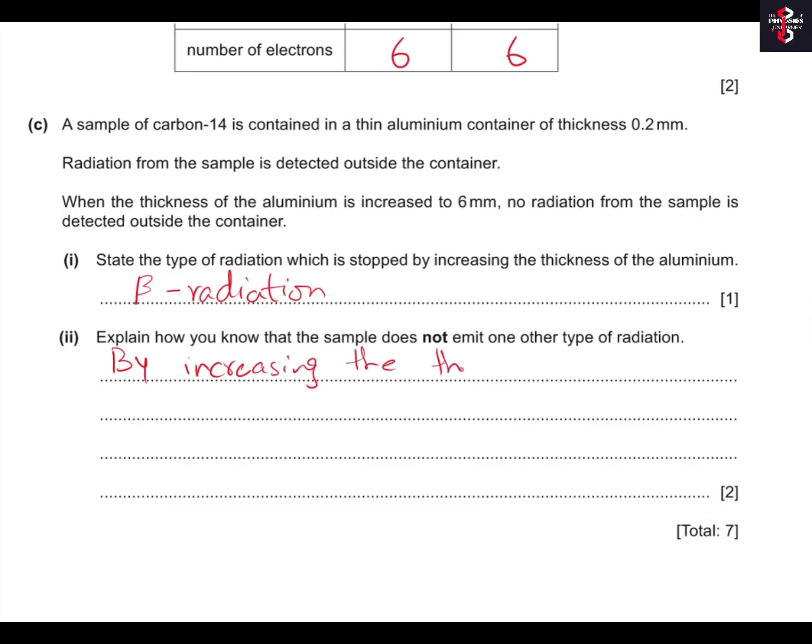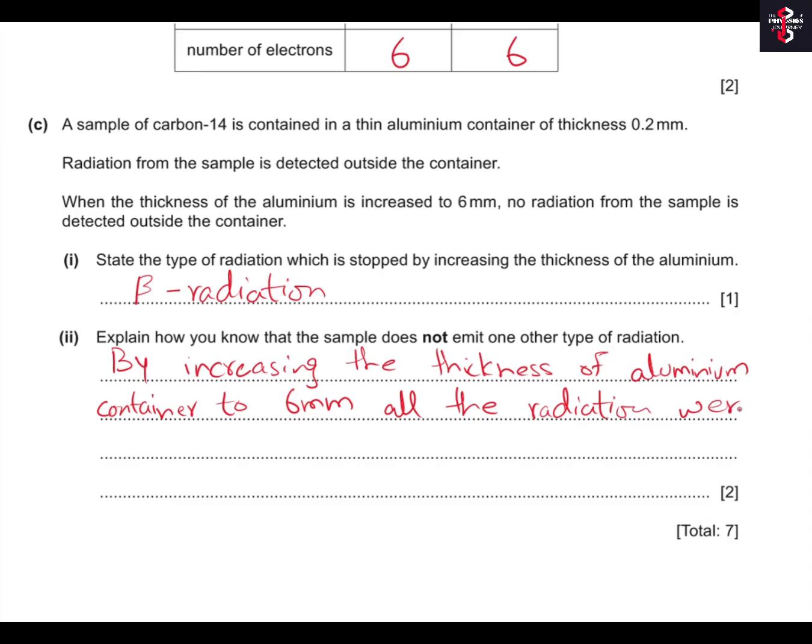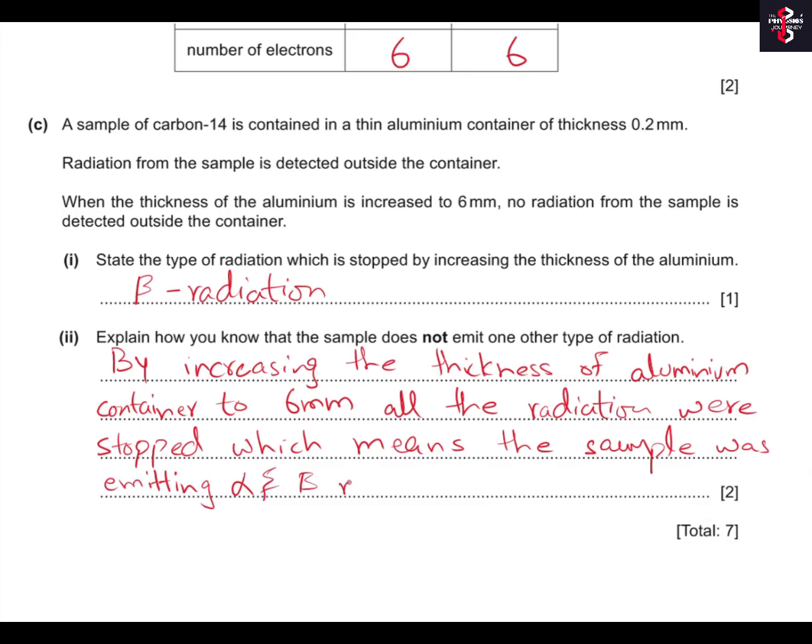So by increasing the thickness of the aluminium container to 6 mm, all the radiations were stopped, which means the sample was emitting alpha and beta radiations.